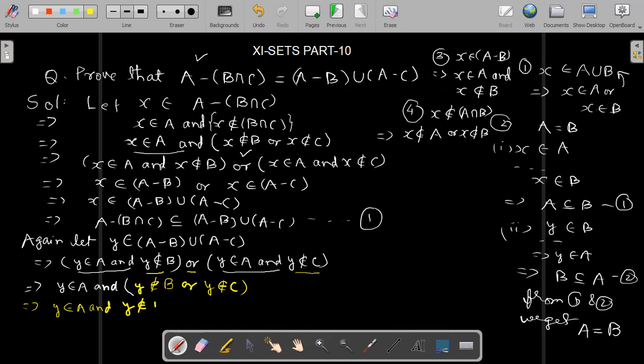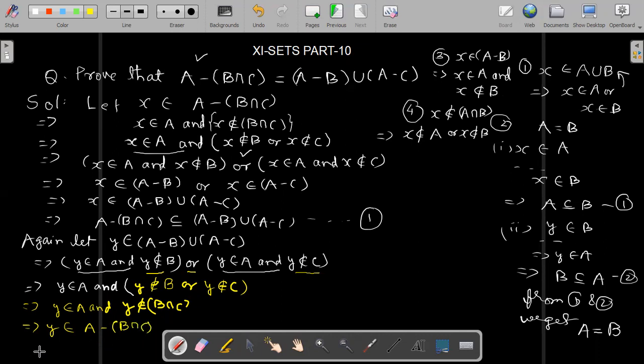So Y does not belong to B intersection C. As I told you, when does not belong to is there, then intersection will convert into OR, and union will convert into AND. So we get AND, and now AND converts into intersection. So we can say that Y belongs to A, and does not belong means minus, so it will convert into negative. So A minus B intersection C.